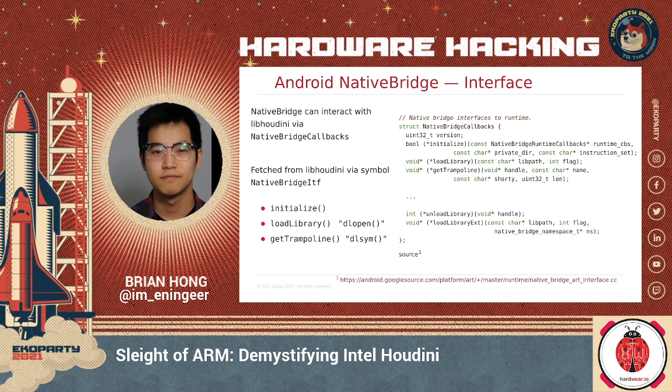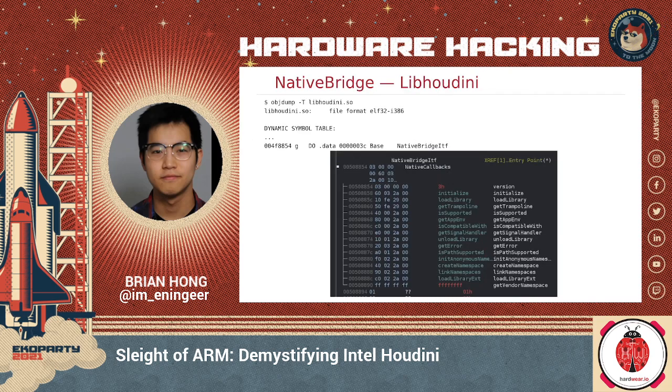And this struct is actually provided by libhoudini via the exported symbol native bridge ITF, and we can see that by doing objdump. And when you look at it in Ghidra, you see the actual bytes, the function pointers.